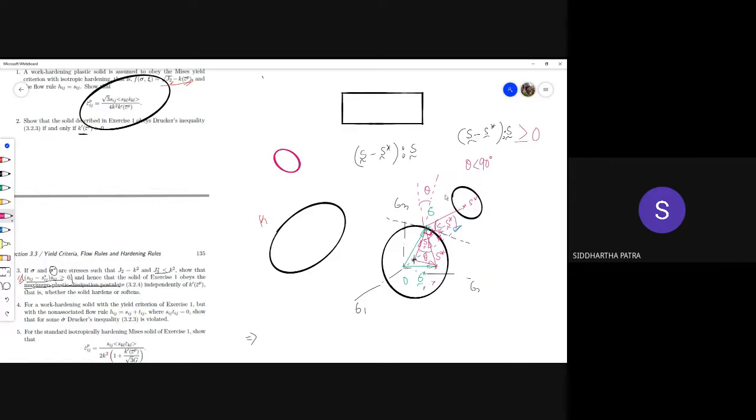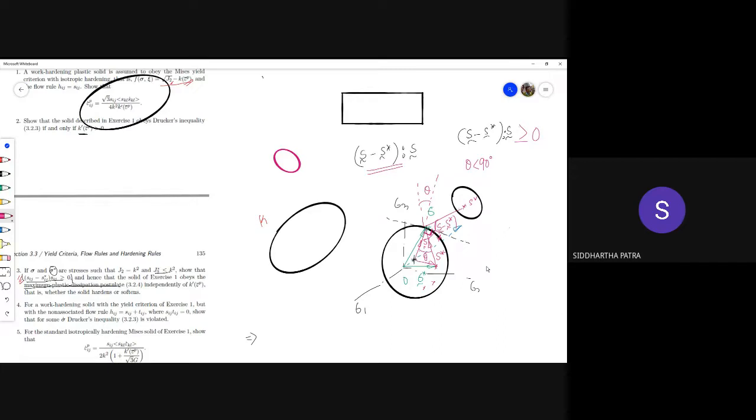Now here we are talking about taking an inner product in the principal directions. But can I show that this inner product, whether you take it in the global Cartesian or in the principal directions, gives the same value?